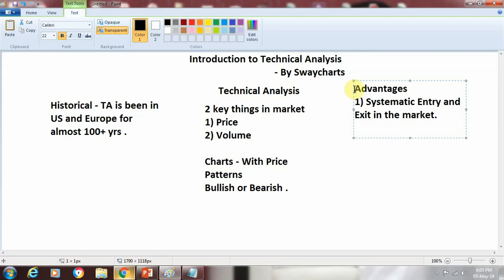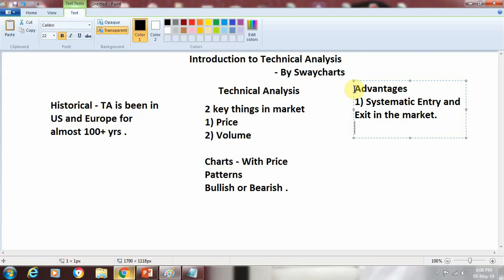Now if I ask you a very simple question, and be honest to your own self, how many of us till date have experienced that after I buy a particular stock, the price starts to fall, and once I sell that particular stock, it starts rising, right?